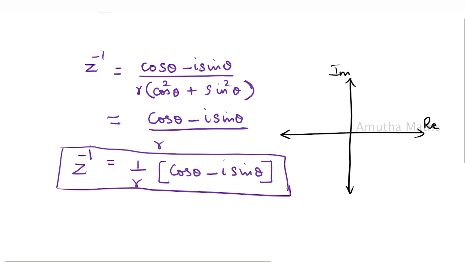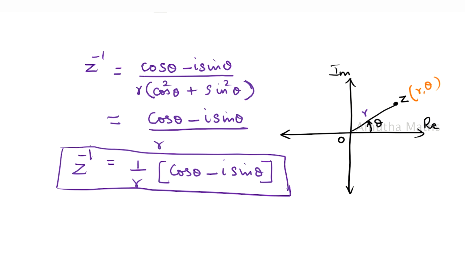Suppose this is the complex number z which makes an angle theta with the positive side of x-axis. This is the origin and the modulus here is r. So this representation of polar form is r comma theta. This complex number makes an angle theta with the positive side of x-axis and r is the distance of this complex number from the origin.